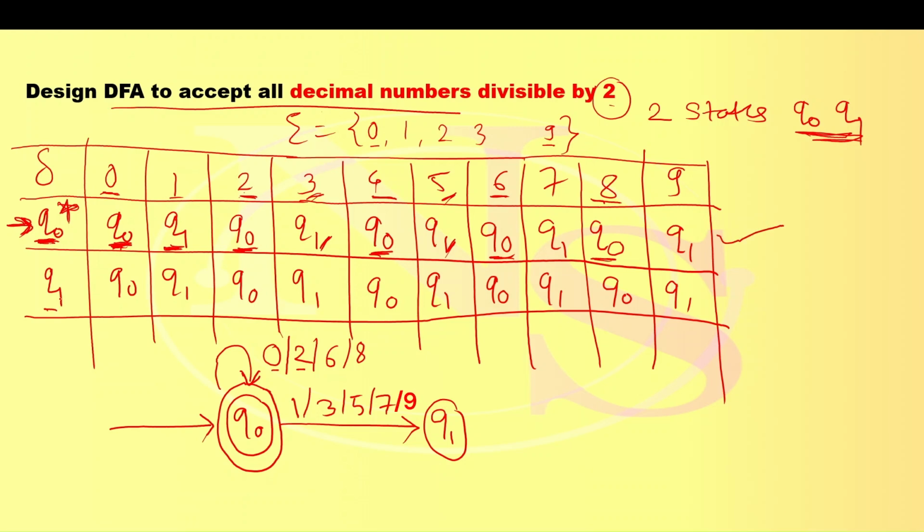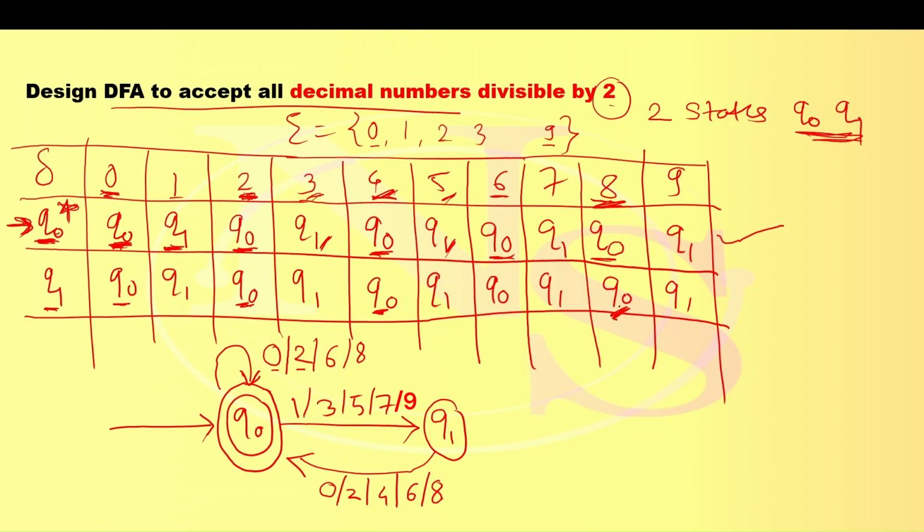Second row, Q1 reading 0 going to Q0, or Q1 reading 2 going to Q0, or reading 4 going to Q0. So for all the even numbers, 0, 2, 4, 6 or 8, it's going to Q0. You can verify here.